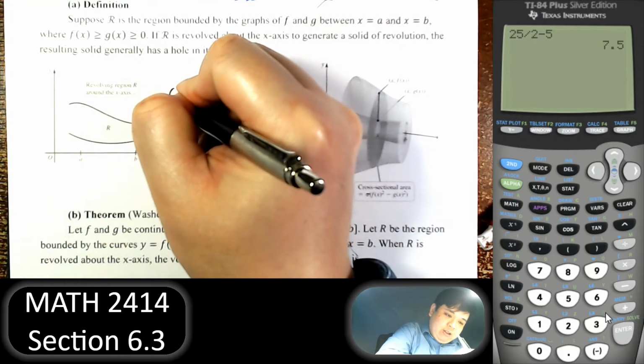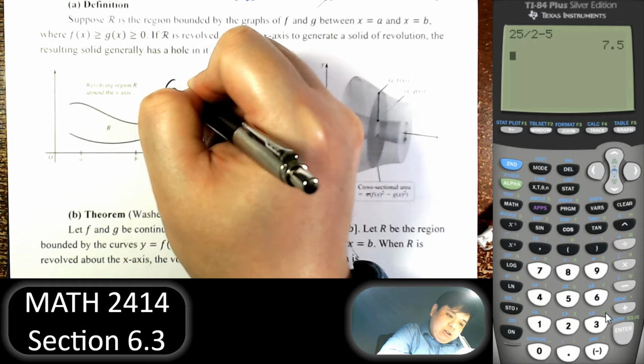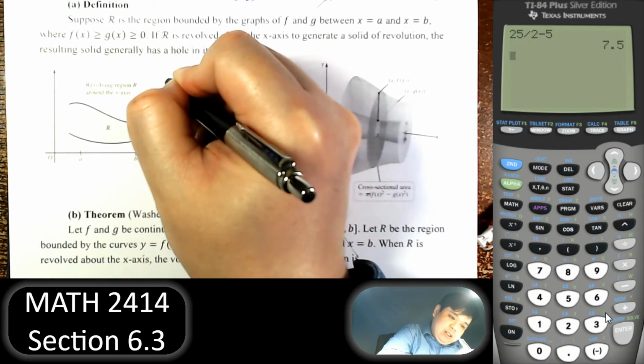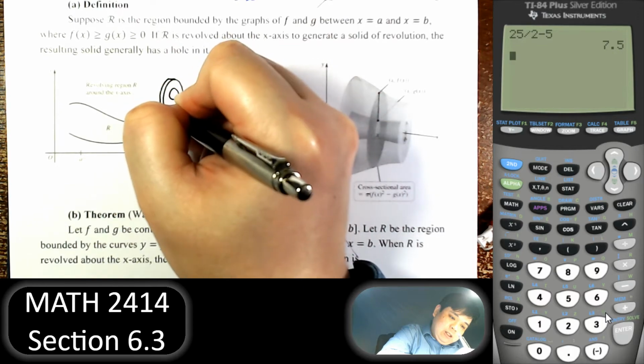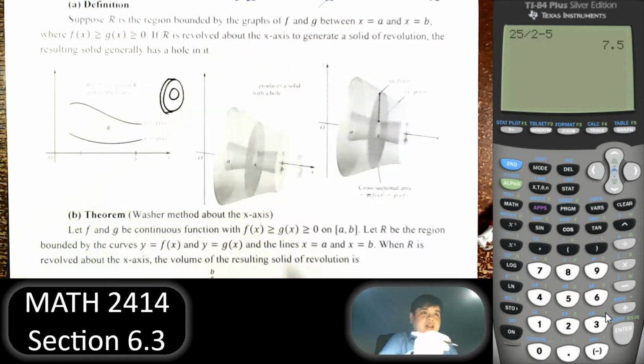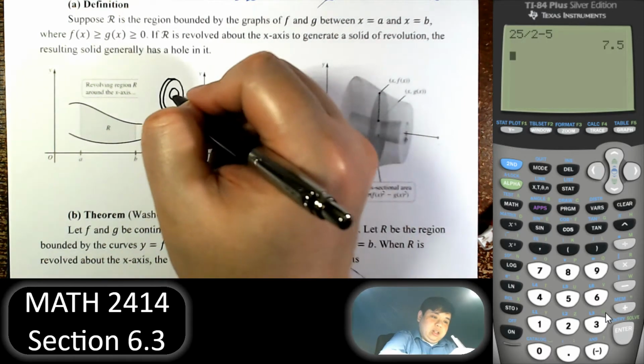So we're going to have a circle and the outer circle, and so that is yeah. So pretty much it's just like a disk and take out a hole in the middle. So I have a big disk and a little disk, take out the middle, so this part is hollow.